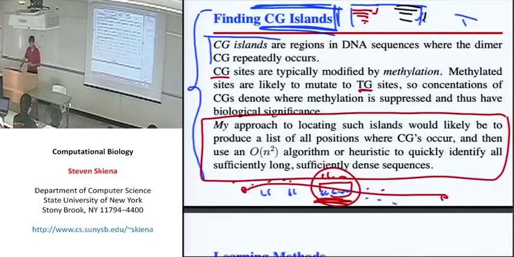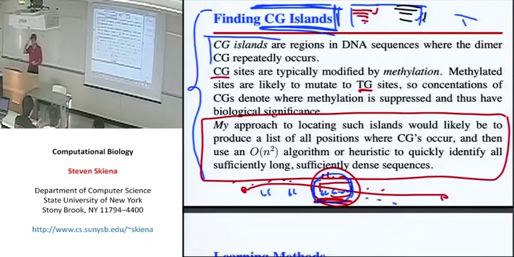You could imagine doing an ad hoc thing where I look for regions, windows with lots of CGs in them, and I report back to the biologist, hey, look, here's a region with a lot of CGs. That would be the way I might proceed. But there are some problems with that method.